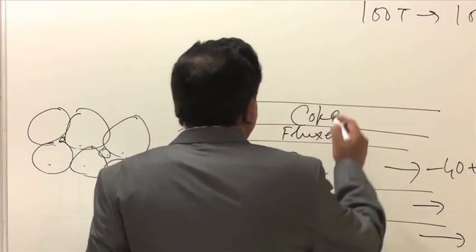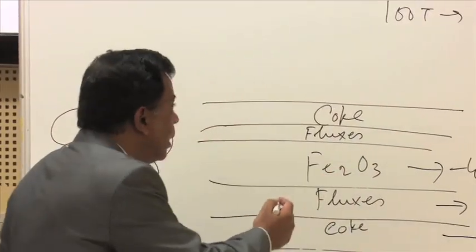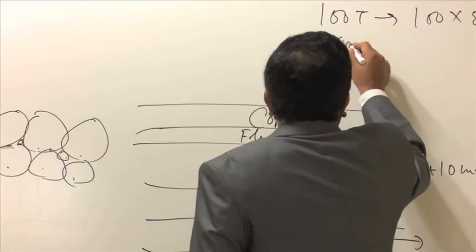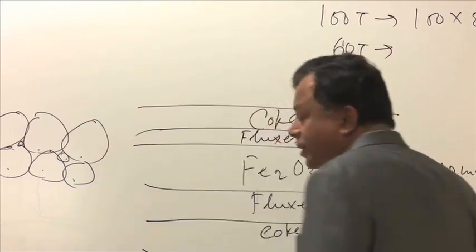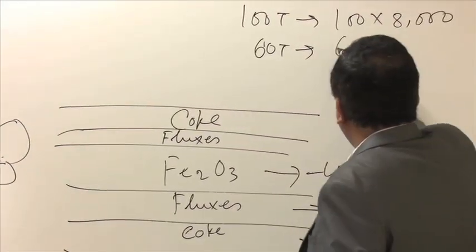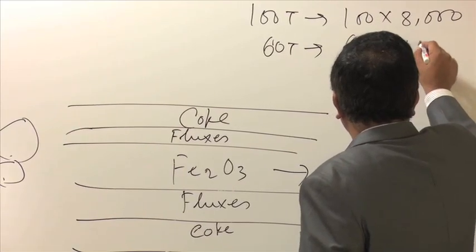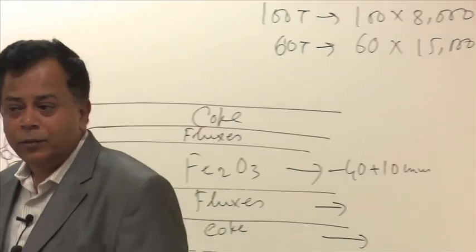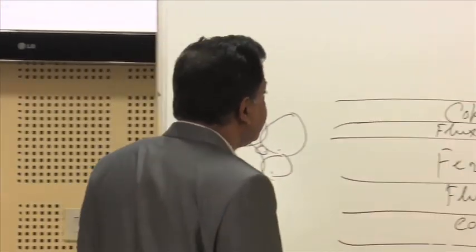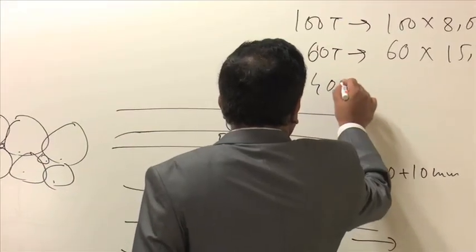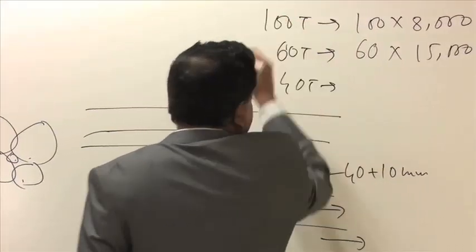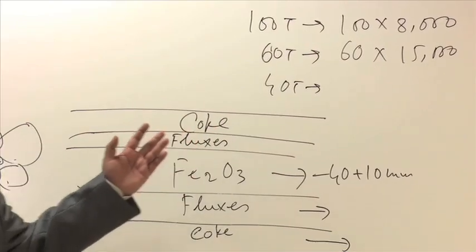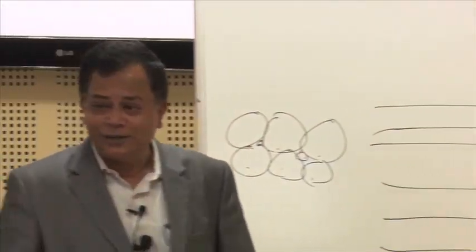But suppose out of this 100 tons, I upgrade it to a quality where I can sell 60 tons of material, having a value of 60 into, say, 15,000 rupees per ton, because the quality has been upgraded. And the remaining 40, of course, this quality will be inferior to the initial 100 tons, because I have upgraded it, a simple mass balance.